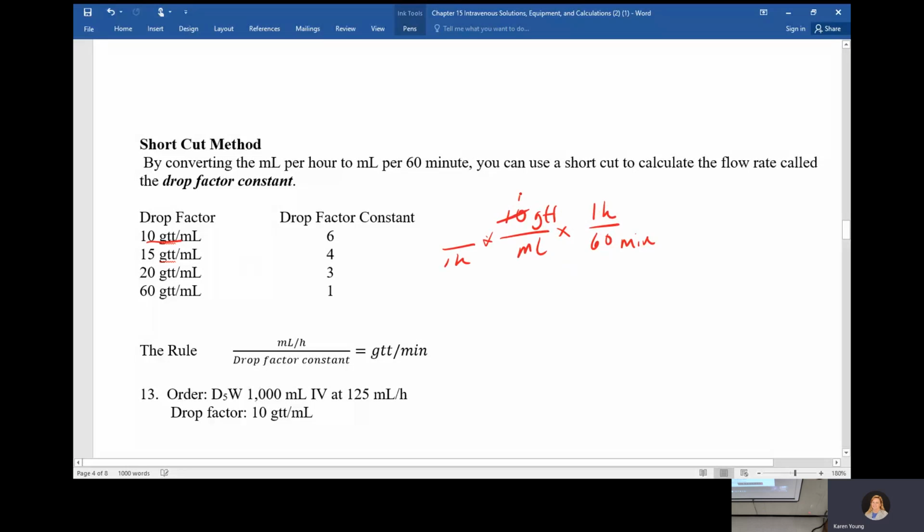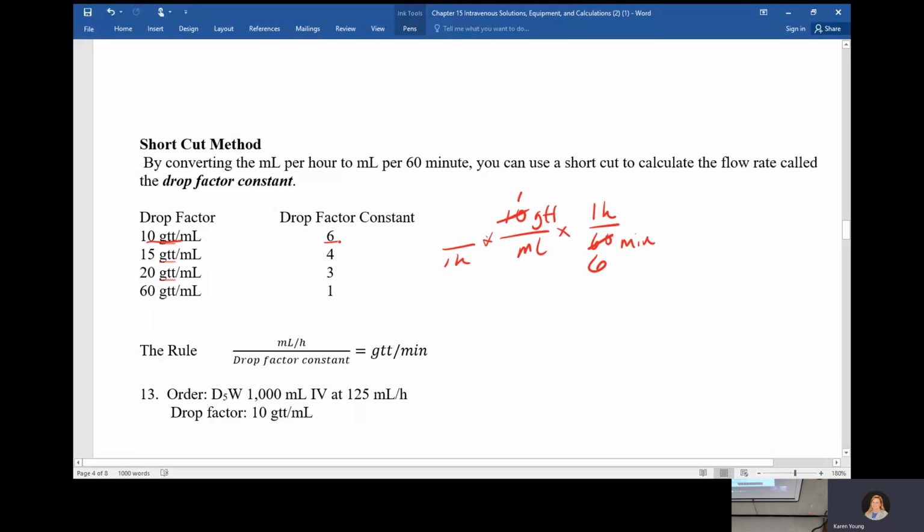My 10 goes into my 60 6 times, so my constant is 6. When I take my drop factor times my time conversion, that's where they get their drop factor constant.